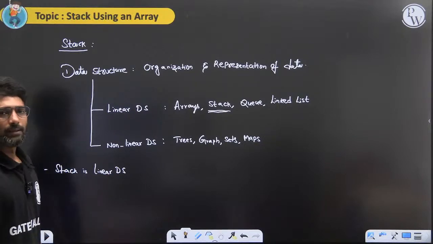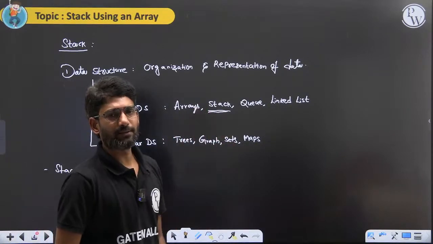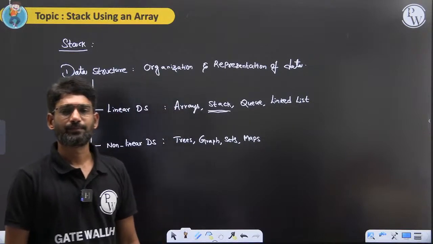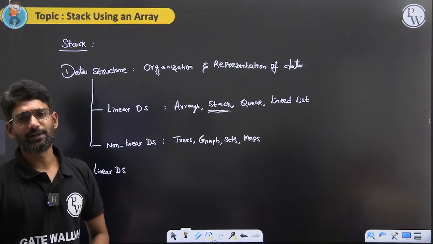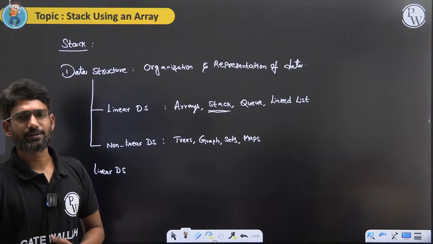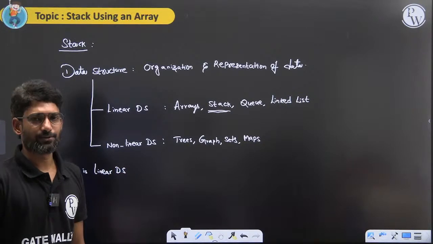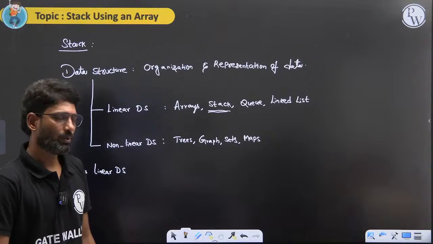Then, how is it different from other linear data structures? In the organization. How?